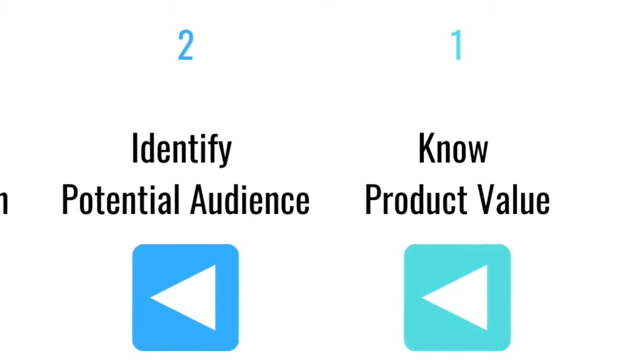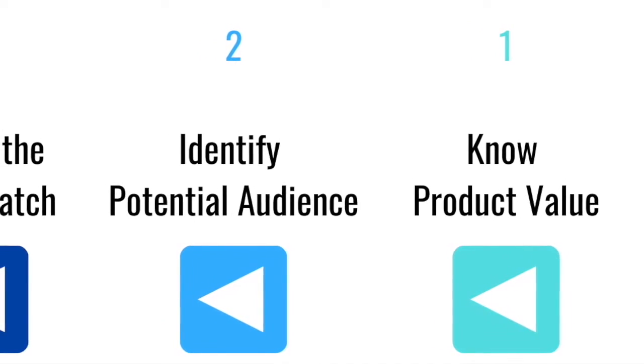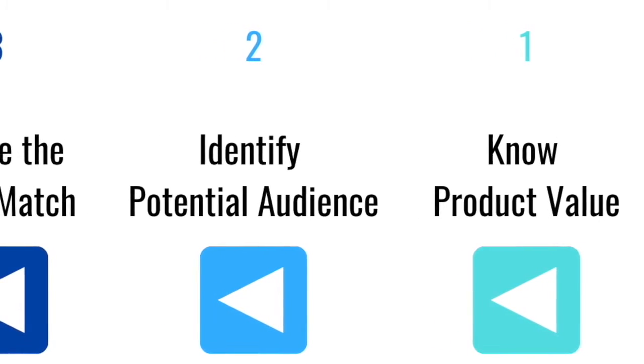Now you can move on to the second aspect, which is to know who are the people who need this value, who are the people who could benefit from the value that you want to provide to them. Now, for this, you'd have to go online and do a little bit of research, but there is a little catch here.